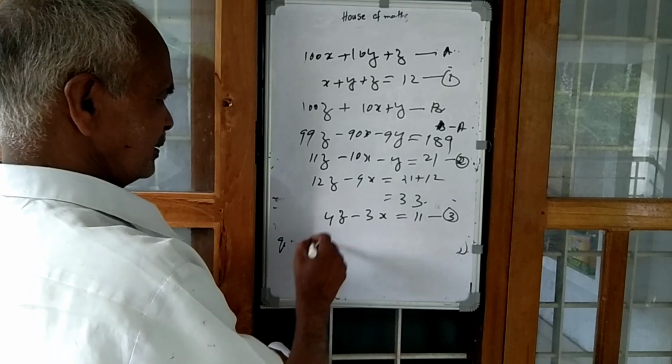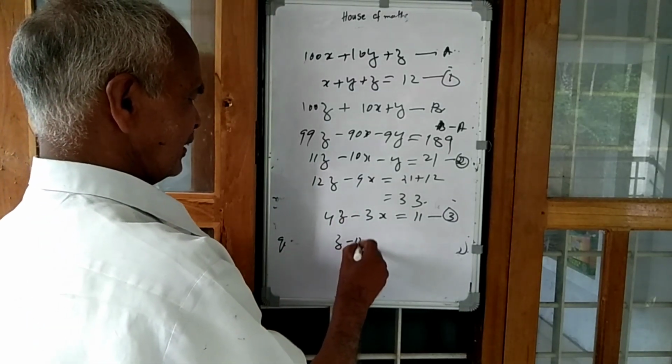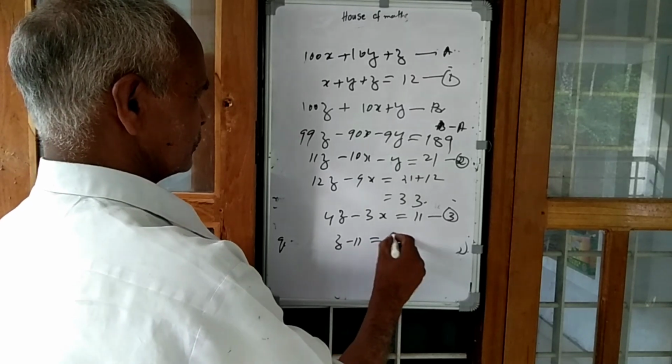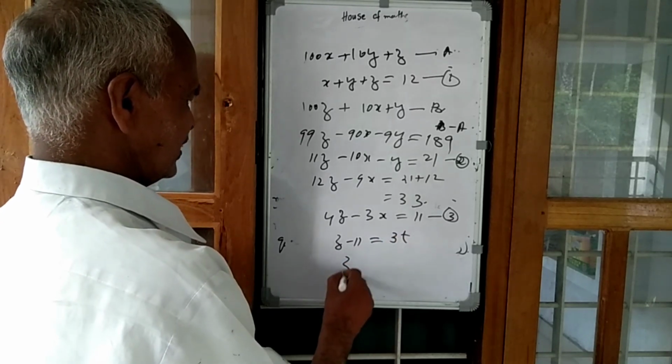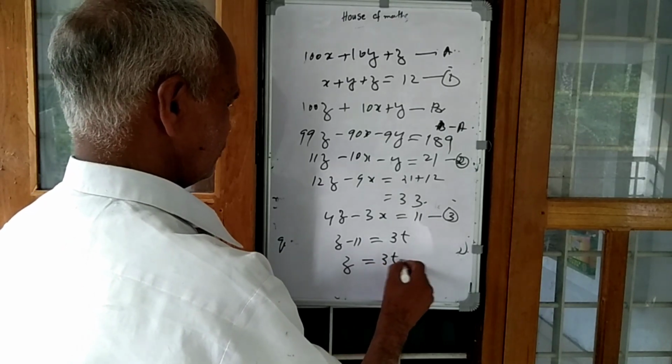Then we can frame an equation. Therefore, z minus 11 equal to 3t. Then z equal to 3t plus 11.